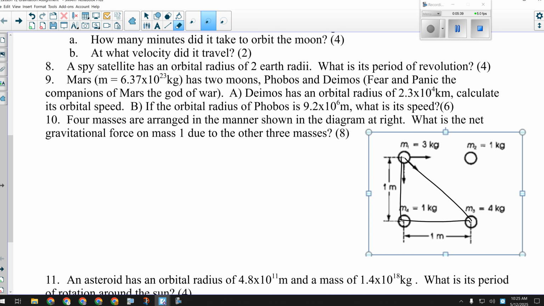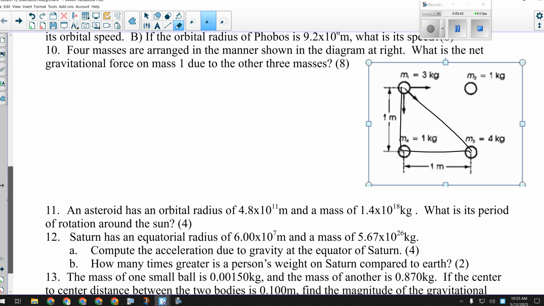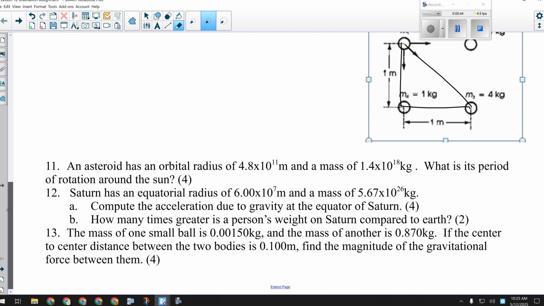You laugh, but people make that mistake all the time. And then for number 11, you just have an asteroid. You're given the orbital radius. You're given its mass, period of rotation around the sun. There's a lot of satellite stuff on here, obviously. Number 12, Saturn's. You're given Saturn's equatorial radius. You're also given its mass. They want you to find the acceleration due to gravity at the equator.